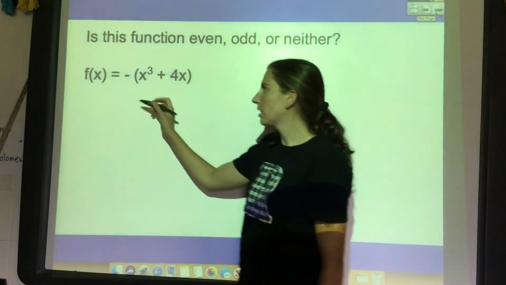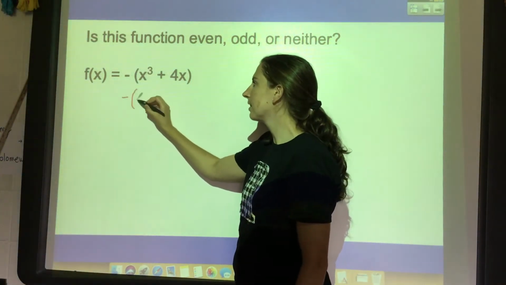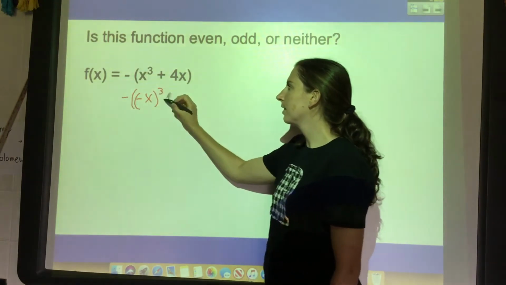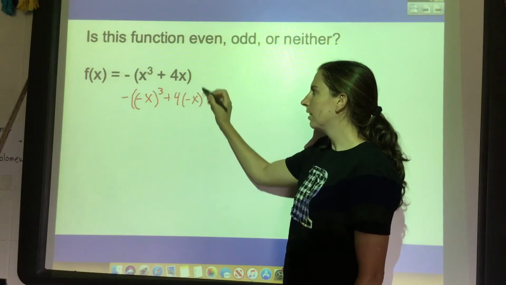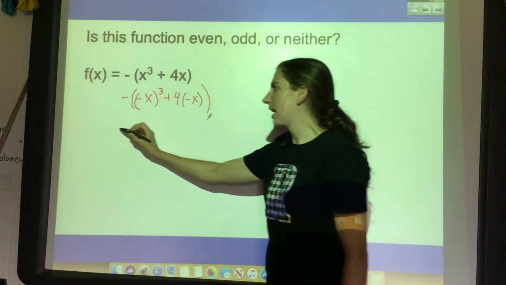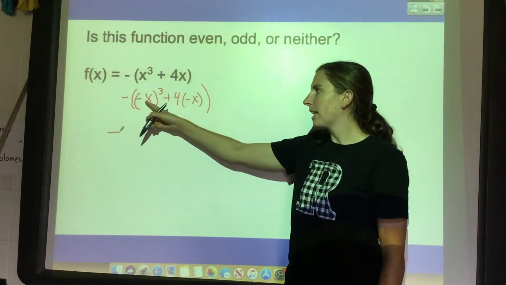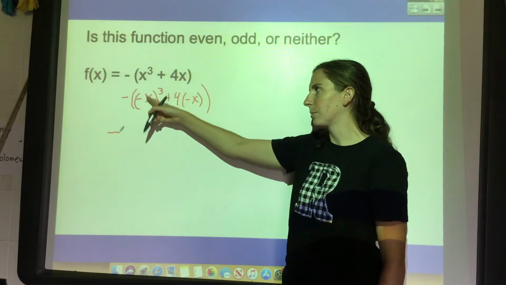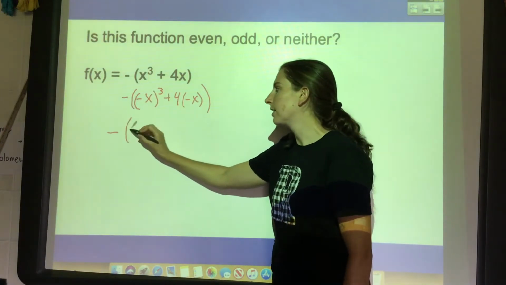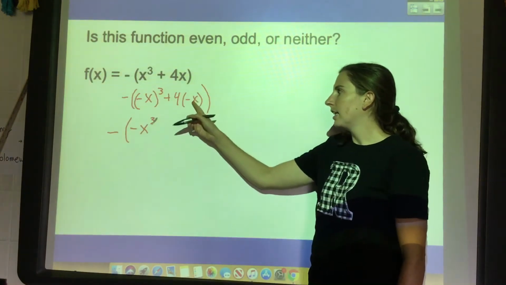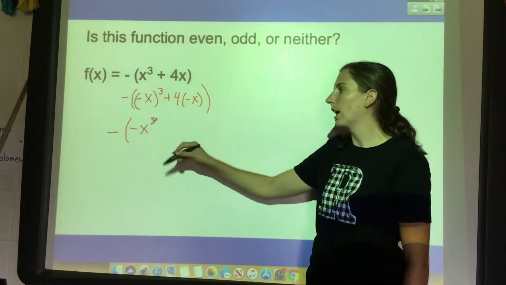Again, I could test by plugging in negative x instead of this positive x. This negative is just going to have to hang out for now. Something negative cubed is going to come out still negative, because negative times negative times negative is still negative, so that's negative x cubed. And then negative 4x.